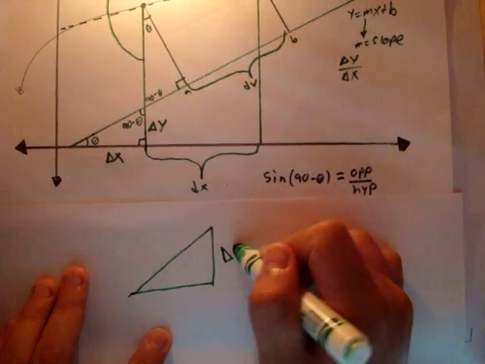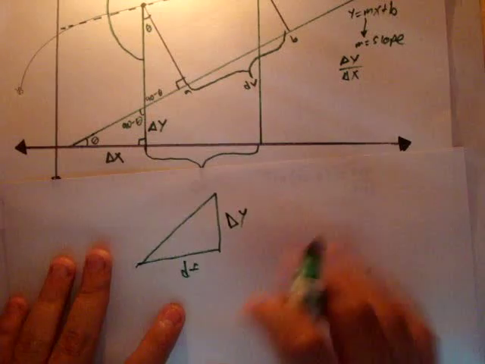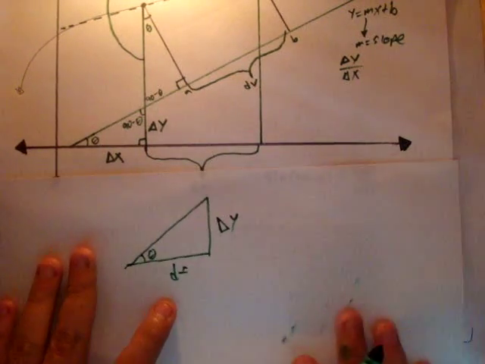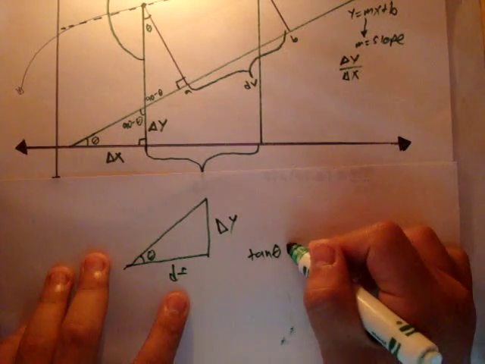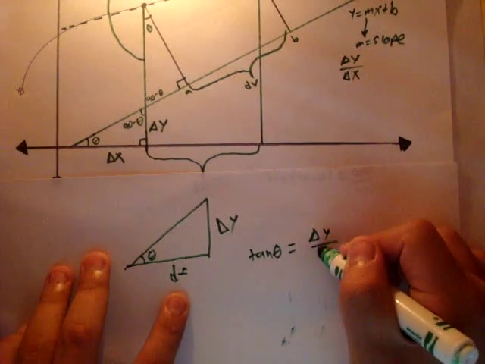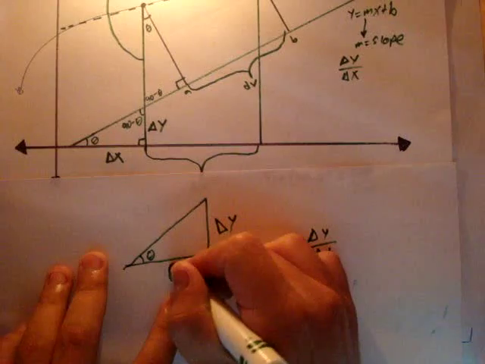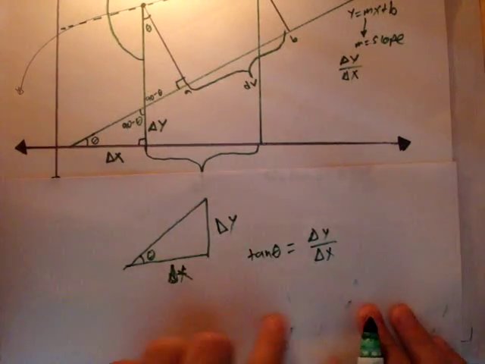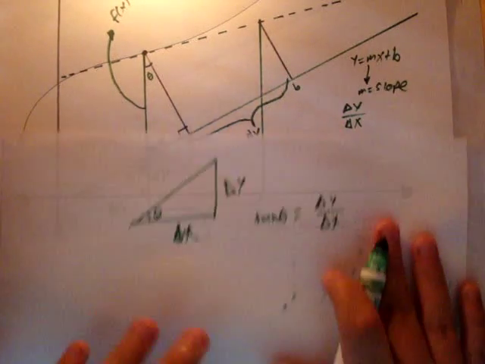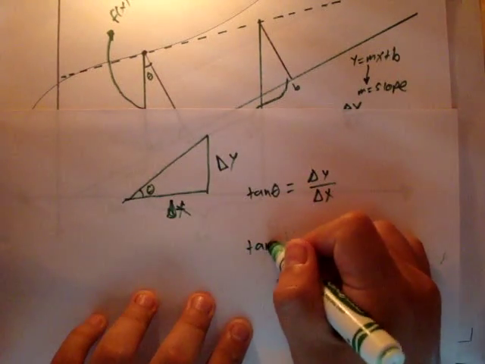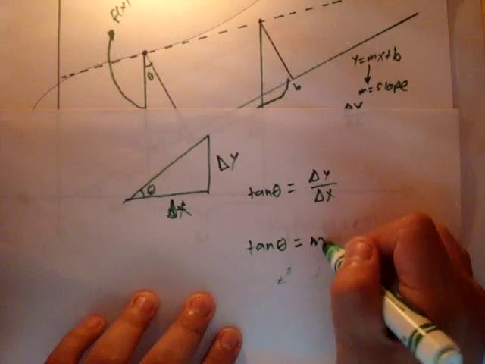I wrote delta y, delta x, and there's a certain theta degree. Well, let me write tan of theta so we can relate both of these, delta y and delta x. My bad, delta x. And remember, delta y over delta x is simply m. So tan theta equals m.